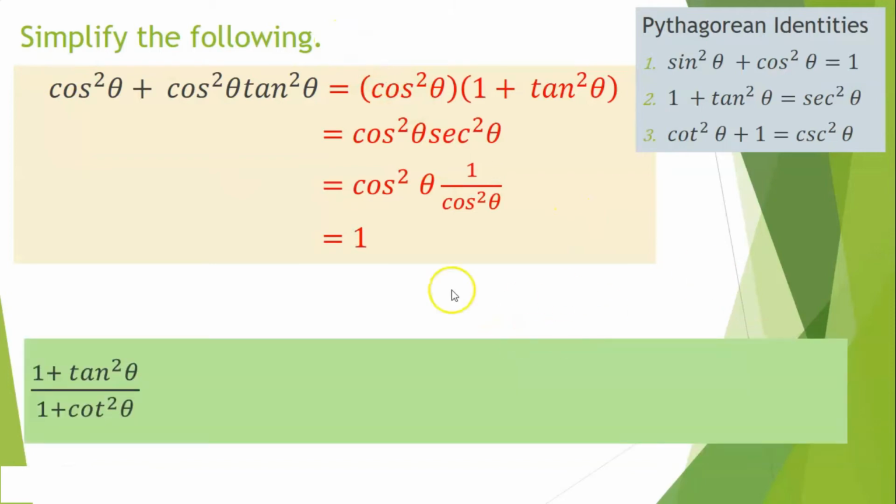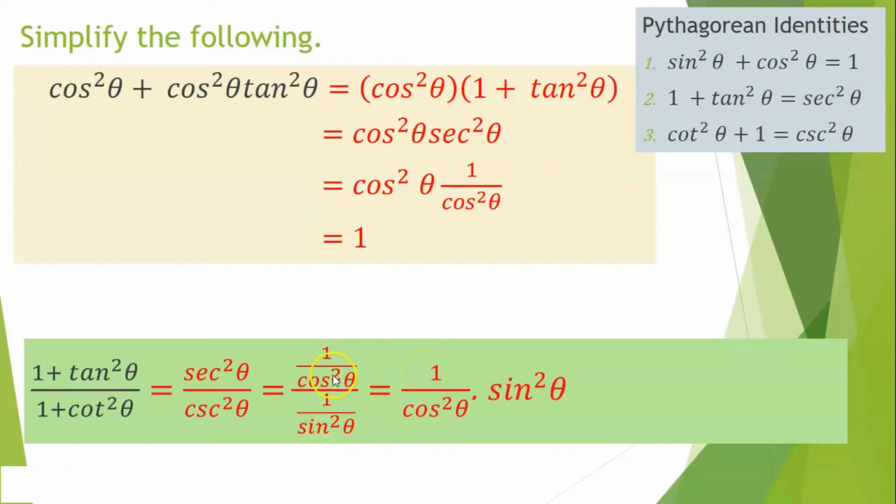Another example. This is 1 plus tangent squared theta divided by 1 plus cotangent squared theta. Now in this case, 1 plus tangent squared theta using Pythagorean identity is secant squared, while 1 plus cotangent squared is cosecant squared theta. Now in this case, using the reciprocal identity, secant squared is 1 over cosine squared theta, while cosecant squared is 1 over sine squared theta.